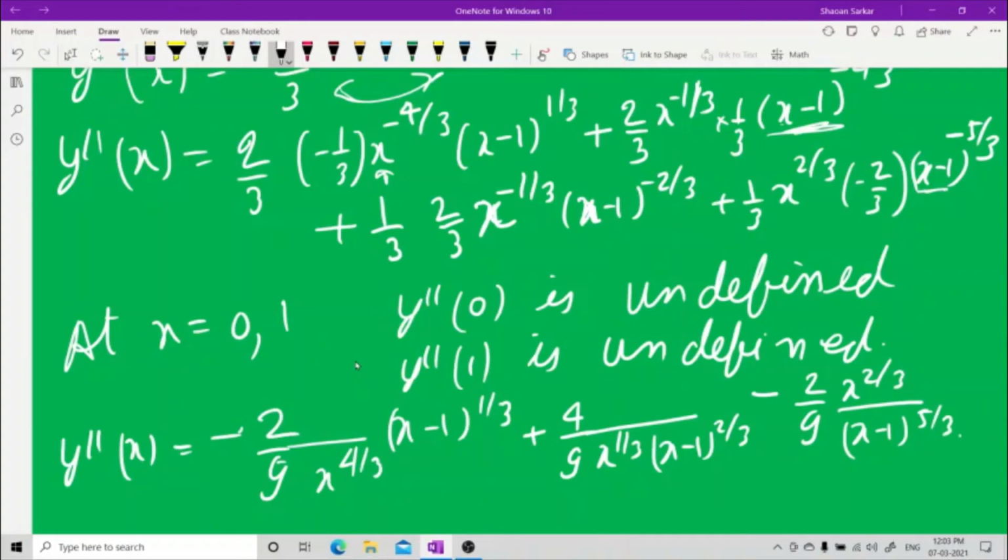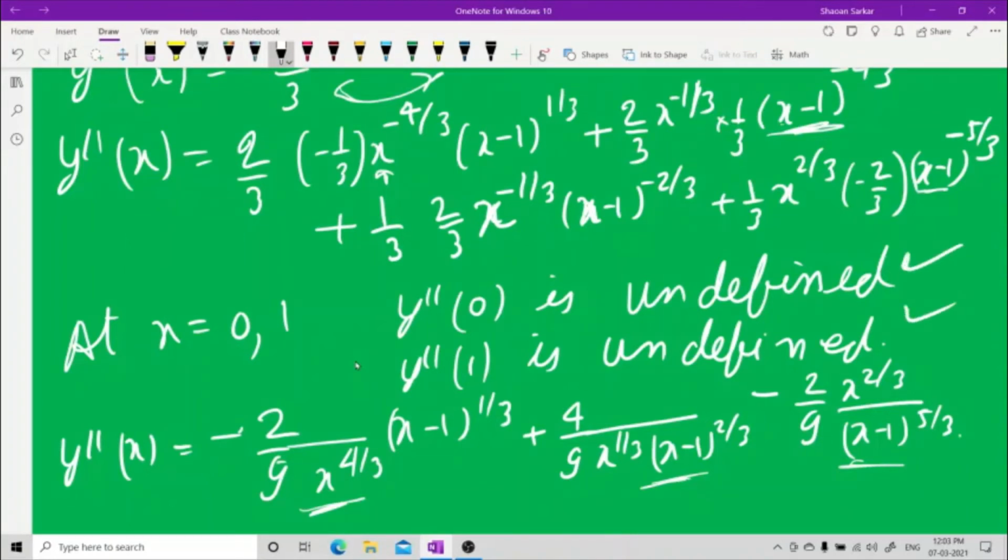Now this is the problem. This is the whole thing, the y double dash point. Now at 0 this is not defined, at 1 also it is not defined, because here it becomes infinity, and at 1 also it becomes infinity. So this is not defined at 0 and 1.